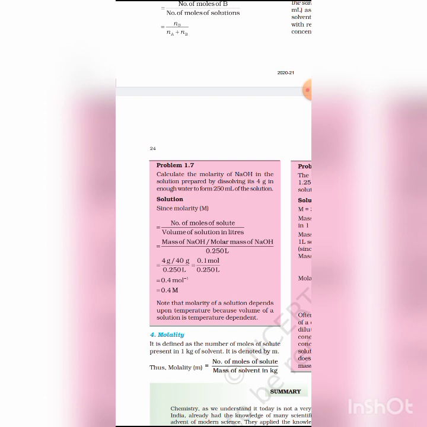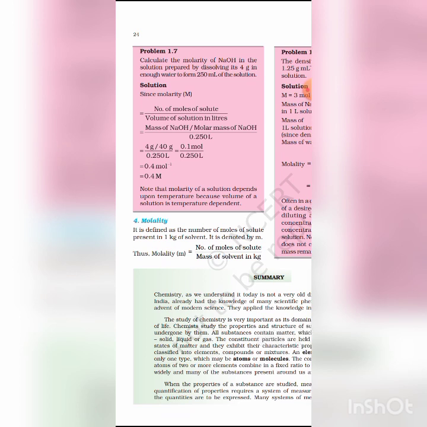So that is 0.4 molar solution. So the molarity of sodium hydroxide is 0.4. Okay. Now student, molality. Molality, equal to number of moles of solute by mass of solvent in kg.